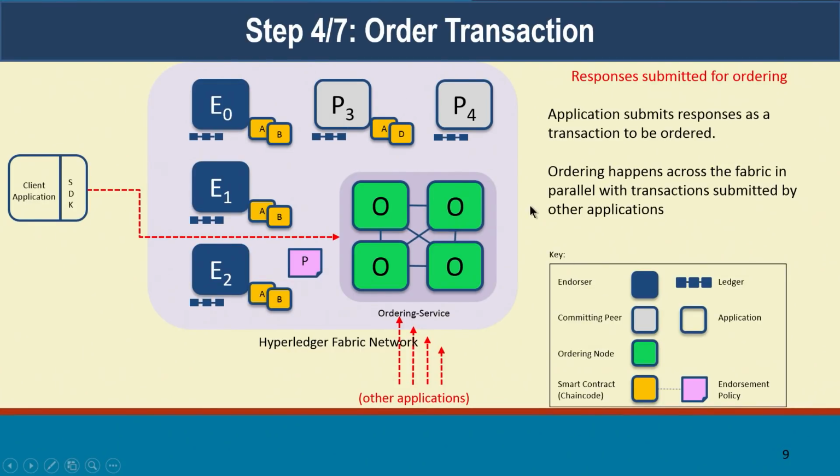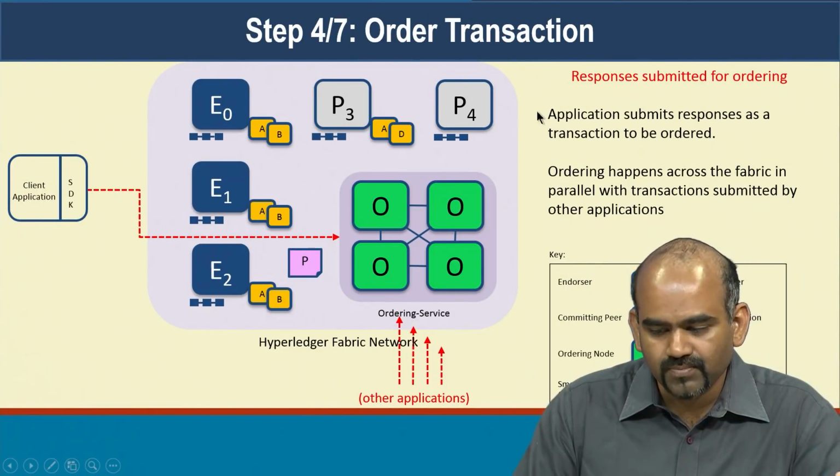So the ordering service might be getting many such transactions from across the network. That's what is shown here. Other applications are all submitting transactions to the ordering service, and the ordering service is then going to determine how to order these transactions, and it will make sure everyone sees the same order across the network. So that's the ordering part of the equation.